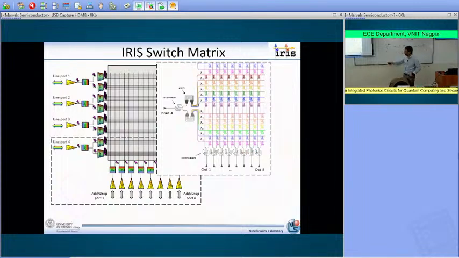And then we have the demultiplexer, which channels the different wavelengths along the appropriate rows. Then we have the switching nodes, which are our add-drop microring resonators that should be tuned in order to determine whether this wavelength should go through or should be dropped from the switching matrix.